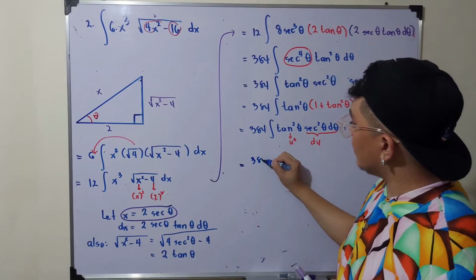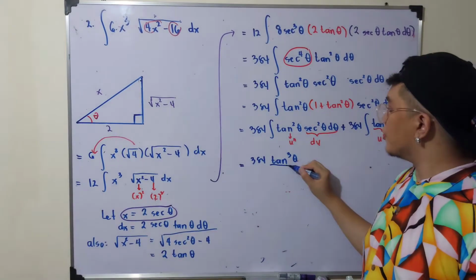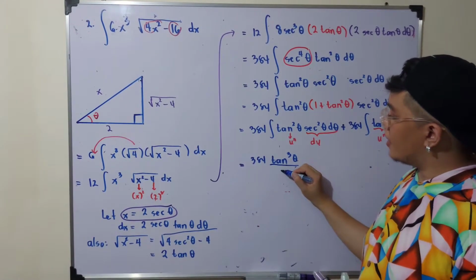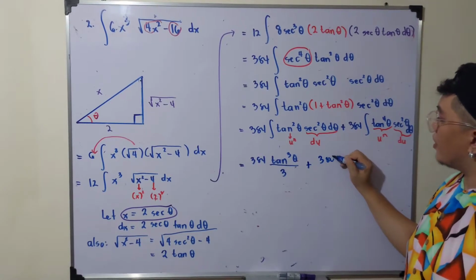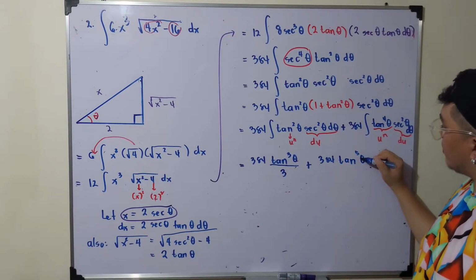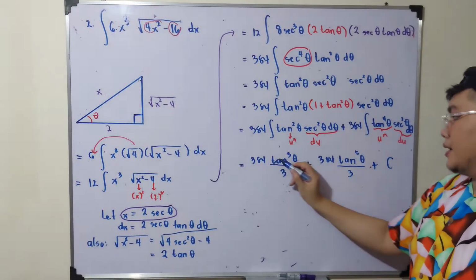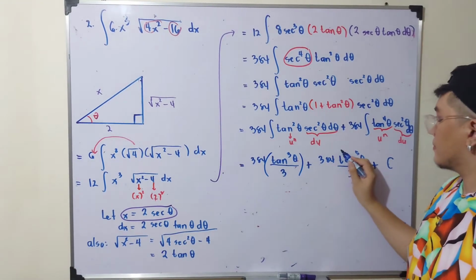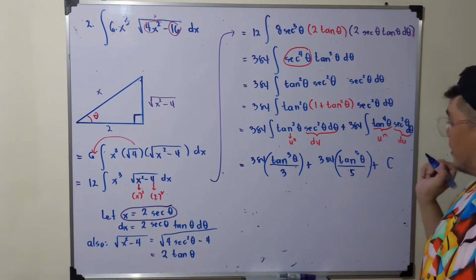We have 384 times tangent theta to the third power over 3 plus 384 tangent to the fifth of theta over 5 plus c.